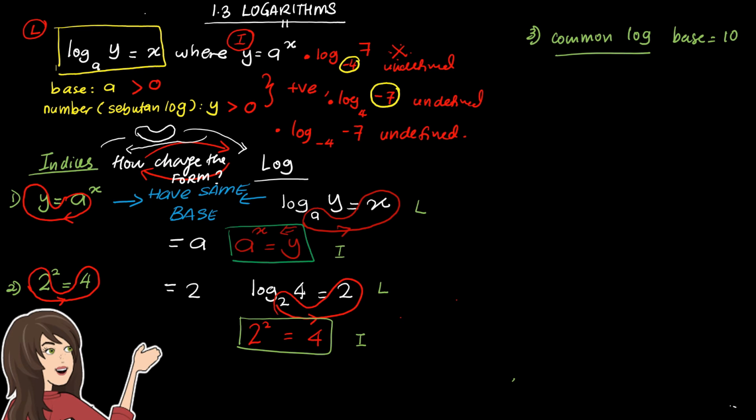Okay, base 10 is used on your calculator. Okay, the log on your calculator is base 10. Okay, I give you an index, which is the equation index y equal to 10 power of x. Alright, I want to change this into log. So our base is 10. So it also applies to our log.